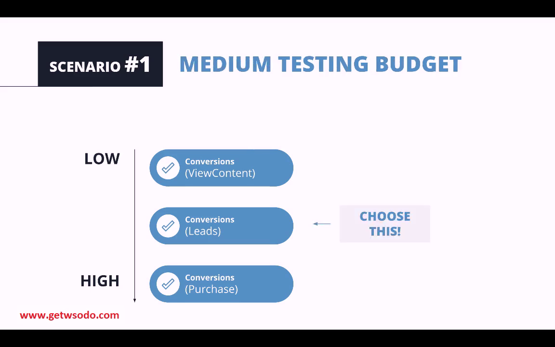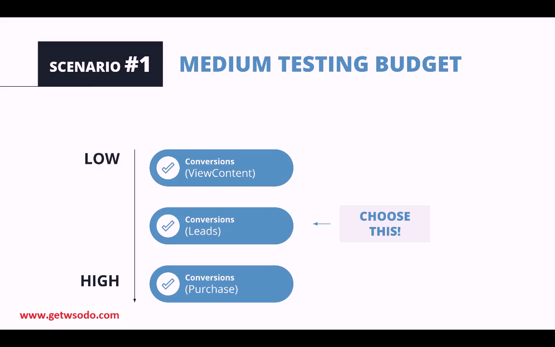Let's say that you have a medium testing budget. So let's say your testing budget is, I don't know, $50 a day or $100 a day. Then doing something in the middle, like a lead conversion, would be a good choice. This is something that's a little bit deeper in the funnel. Usually I put my lead pixel after somebody's completed something like my survey funnel, and I put it before they actually go to the affiliate offer.